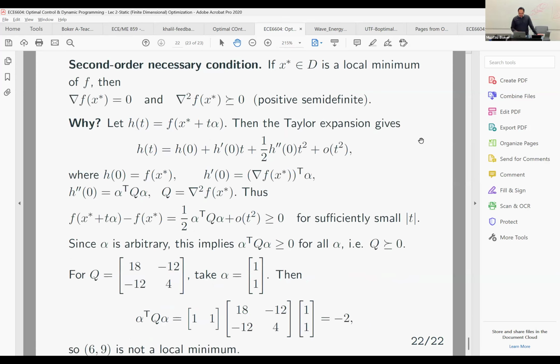Okay, and this last example: the Hessian is neither positive nor negative. And that means that the point is neither a minimum nor a maximum, and we call that point a saddle point. There's a name for that point.